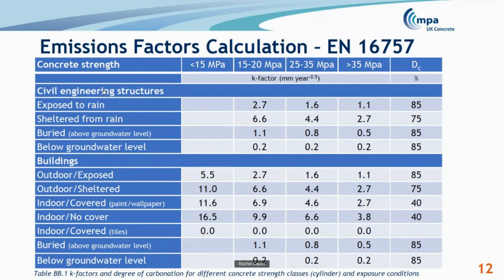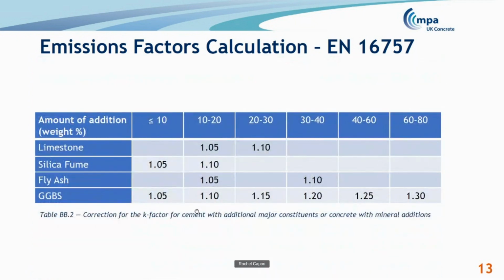So you can see that the K factor for how quickly your carbonation front progresses depends both on the concrete strength and also its exposure, whether it's indoors, outdoors, sheltered from rain, buried, etc. And also the degree of carbonation behind the carbonation front depends on the exposure, with it being lower for indoor surfaces.